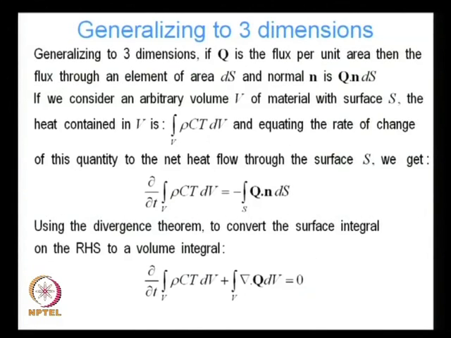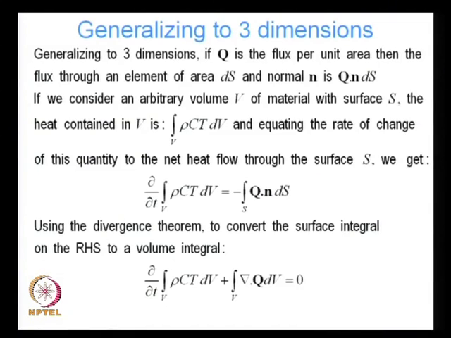We can generalize this to 3D. I do not want to spend too much time on it, but just to mention in passing, instead of saying that Q is the heat flux through a plane at x equal to x1 or x equal to x2, we say it is the heat flux per unit area, where the area denotes the boundary of a particular volume in 3D space.